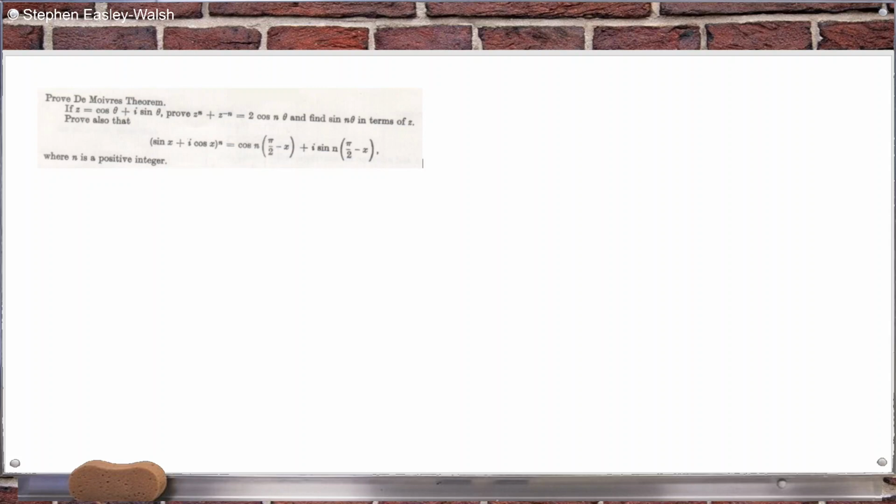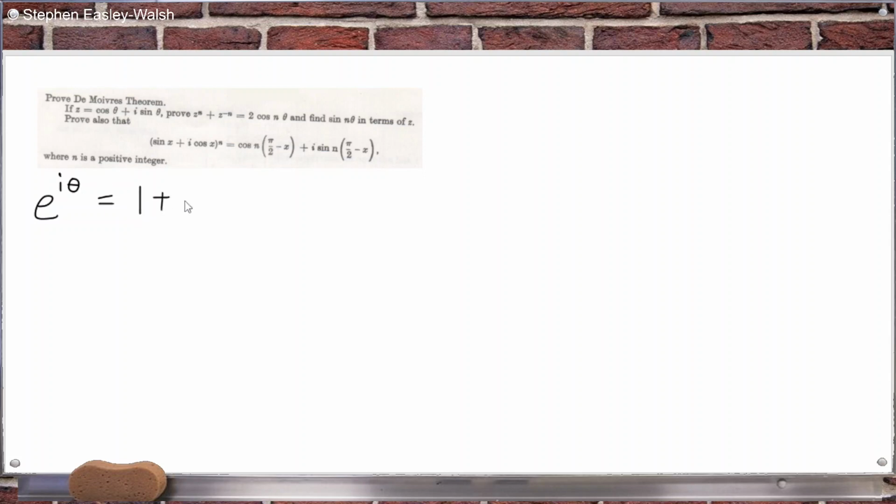All right, let's start by proving De Moivre's theorem. That's not too difficult to prove. You just say e^(iθ) and make a Taylor series expansion.